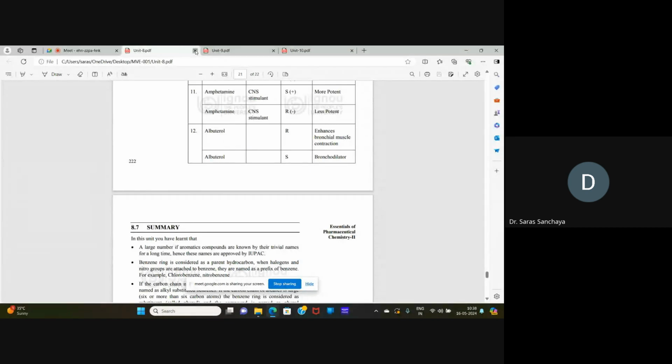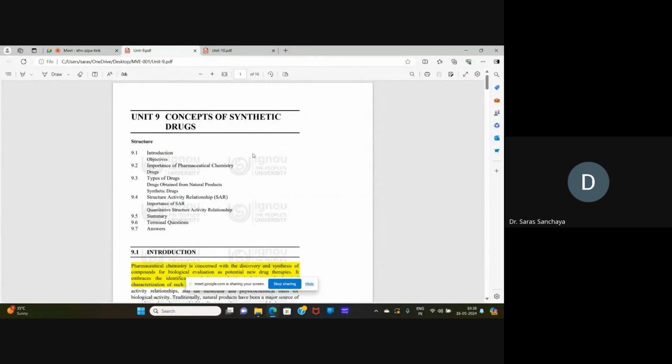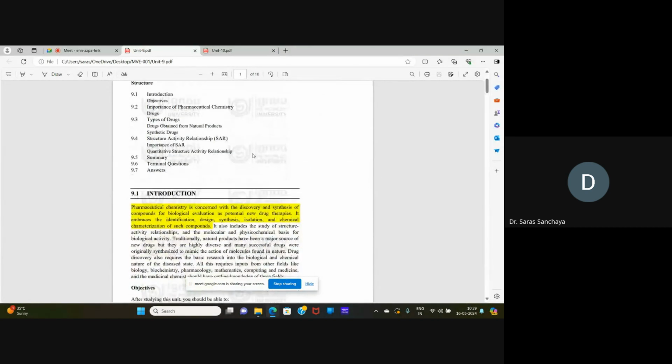Now we come to the ninth unit, that is the concept of synthetic drugs. The pharmaceutical industry is concerned with the discovery and synthesis of compounds for biological evaluation as potential new drug therapies. It embraces the identification, design, synthesis, isolation, and chemical characterization of such compounds.